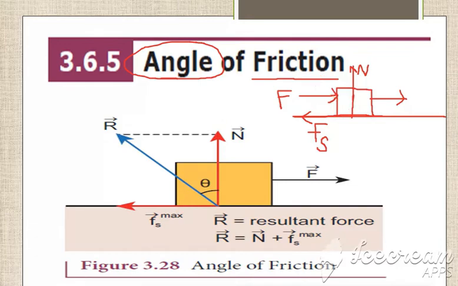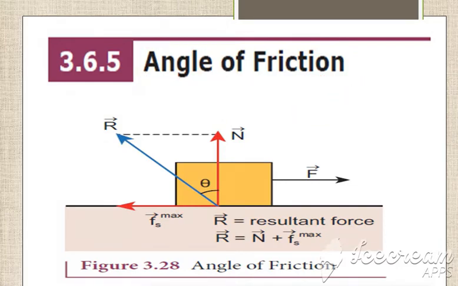The definition is: it is the angle between the normal force and the resultant. So here we have the normal force, and here we have the resultant, is it not? So the angle between this resultant and this normal force is the angle of friction.